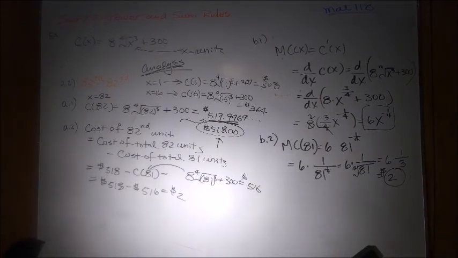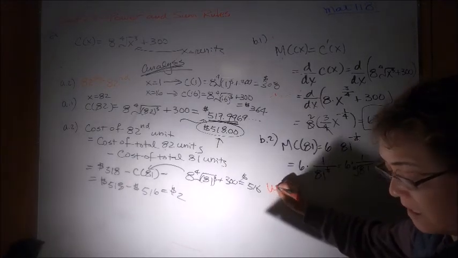And what does marginal cost mean? It means it will cost you $2 to produce one more unit after you produce the 81 flashlights, right? That's the marginal cost. So interpretation means what?